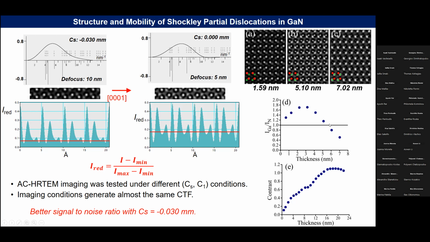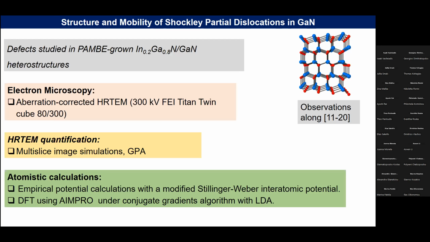We see the light atoms, the nitrogen, only for thicknesses up to close to 5 nanometers. And we have here the intensity between the gallium and nitrogen column positions. This behavior can be used in order to find proper conditions to see the cores.